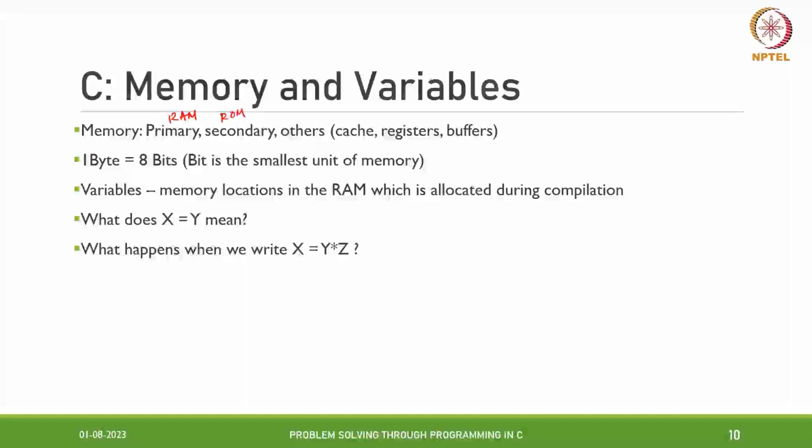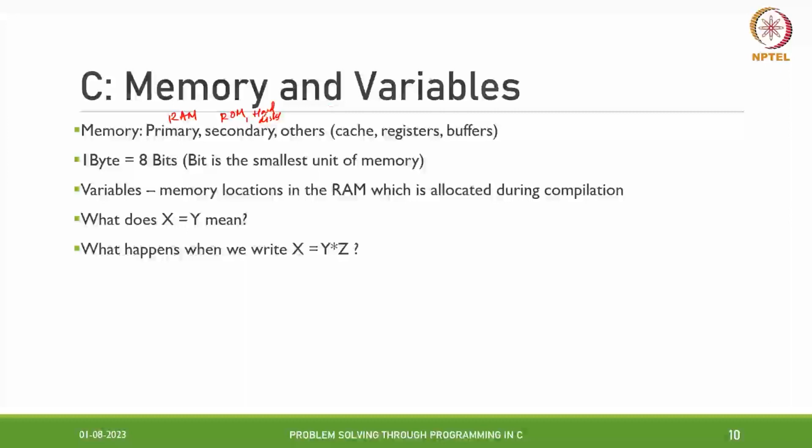Usually you have the ROM, the hard disks and everything, and this would come in the secondary memory because it's more of a permanent storage compared to the primary memory. The primary memory is volatile. That means if you turn off the computer, poof, the information is gone in the primary memory, but in the secondary memory the information still stays.